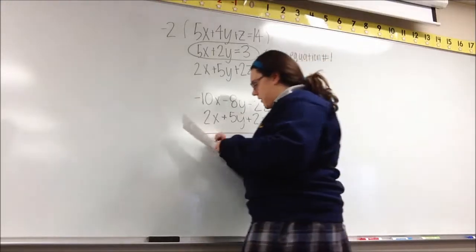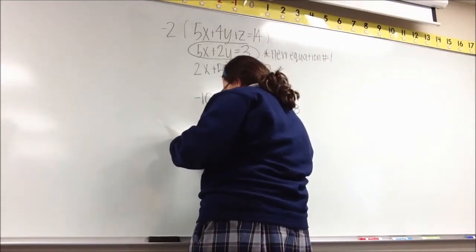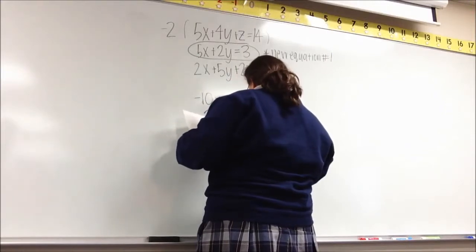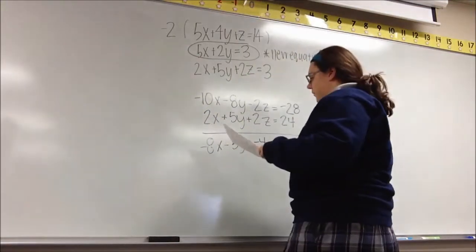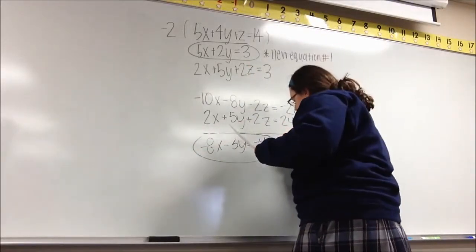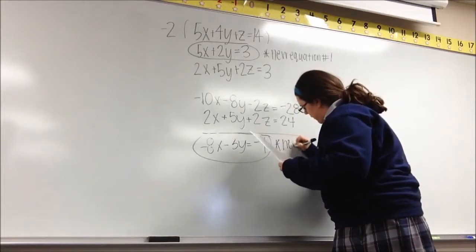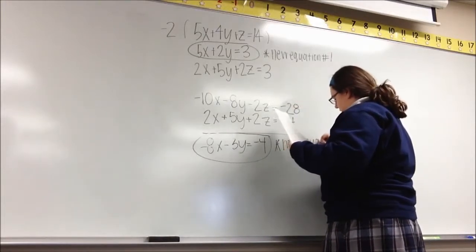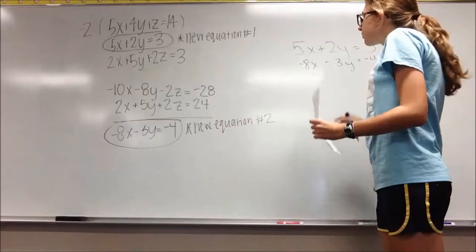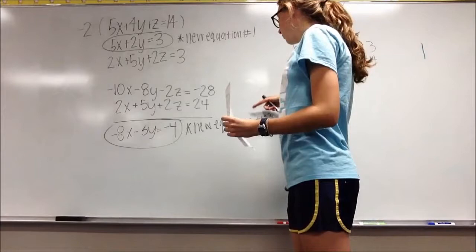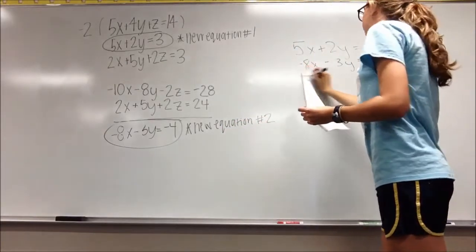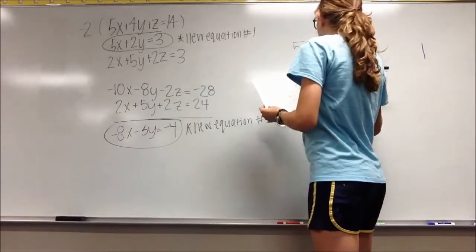After you write that, you find what your new equation number 2 is. So you solve this, and you'll get negative 8x minus 3y equals negative 4. And that is new equation number 2. So I took the two new equations that we had and lined them up so I could solve for y.